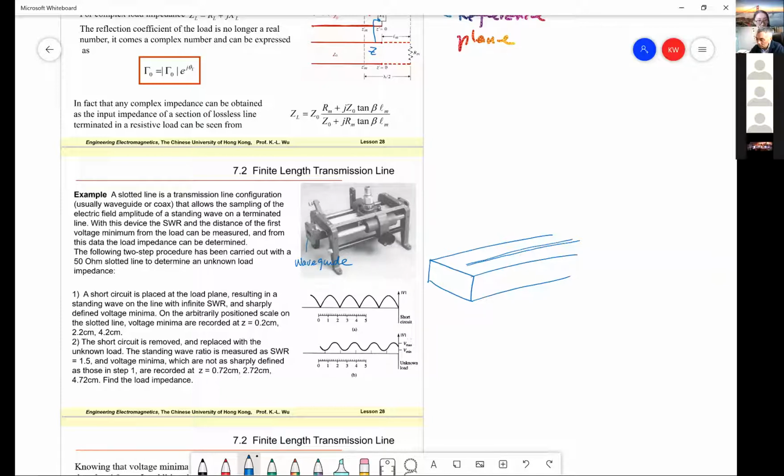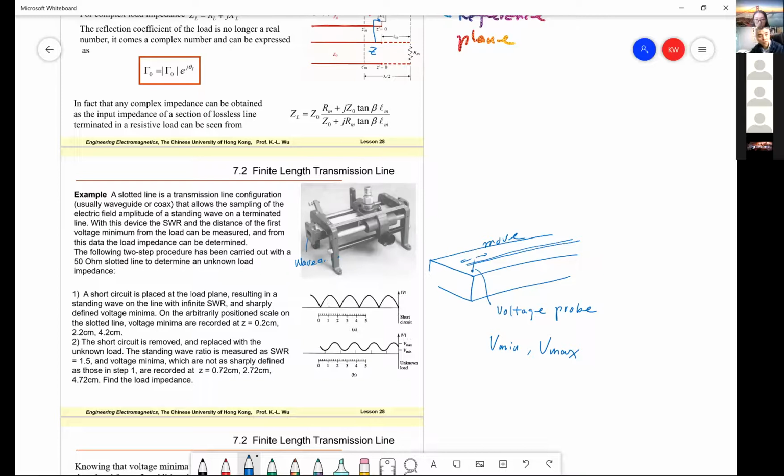So that means we can put a probe. We move the probe back and forth. This is a voltage probe. We move it back and forth to measure the voltage minimum, because we measure this curve.